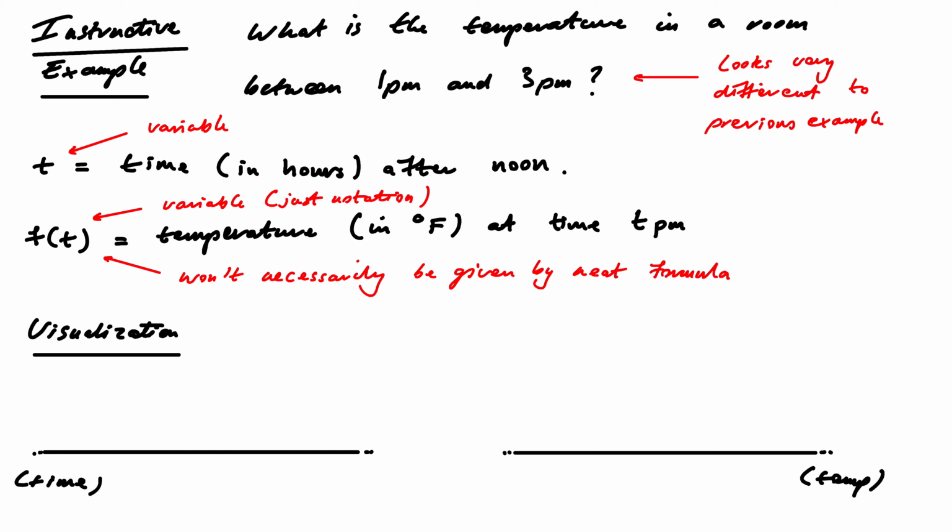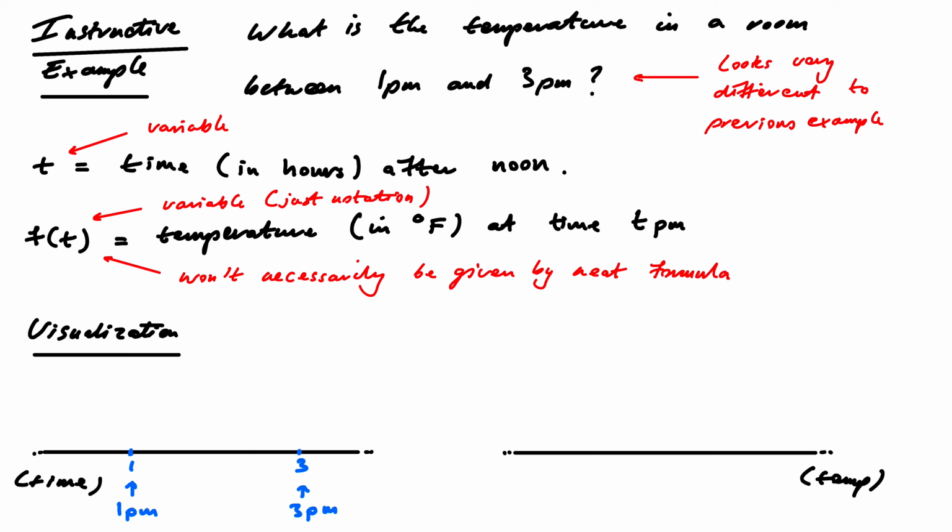So time. There are two moments in time which are very important, 1 p.m. and 3 p.m. They're the start and finish of this story. So let's mark on the number line a point 1, and a point 3. This represents 1 p.m. and this represents, of course, 3 p.m.